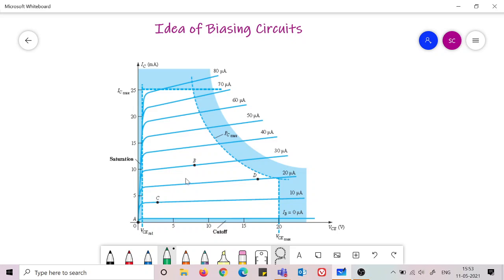So you can keep the operating point anywhere, like it can be B, it can be C, it can be D, it can be anywhere else within this white space. Which would be the best one? That we have to understand first. So this is part of the design of a transistor circuit. This idea is a design idea. Will you keep it at C? Will you keep it at D, or will you keep it at B? Any answer? What would be your best choice?